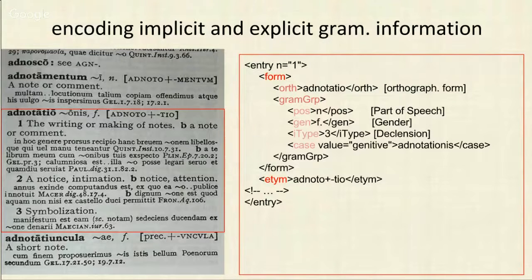And we have also expressed the case, the genitive here, which is the form adnotationis. We can encode all this information using the element grammatical group, and then go on to encode also the etymology after finishing the encoding of the form.